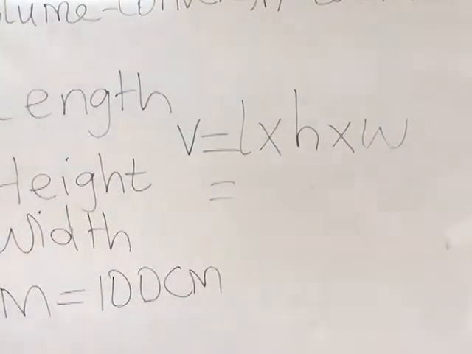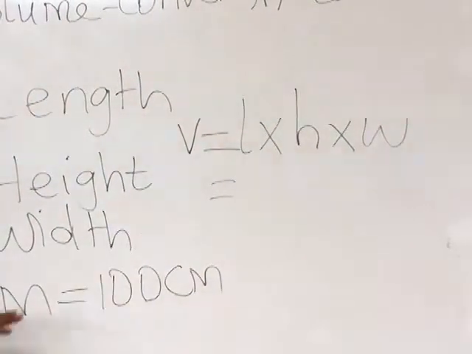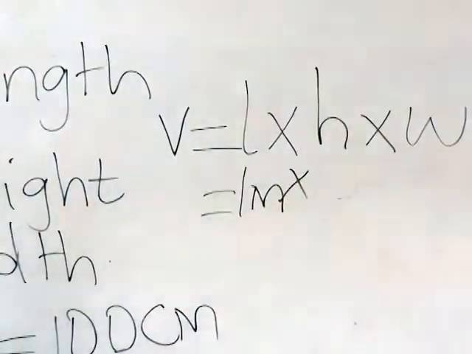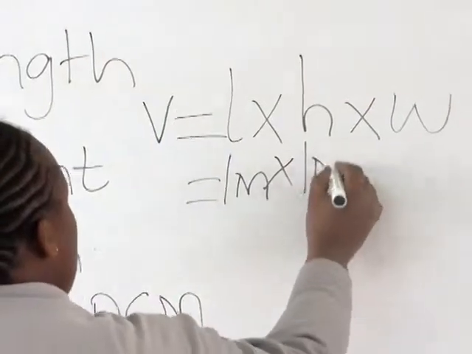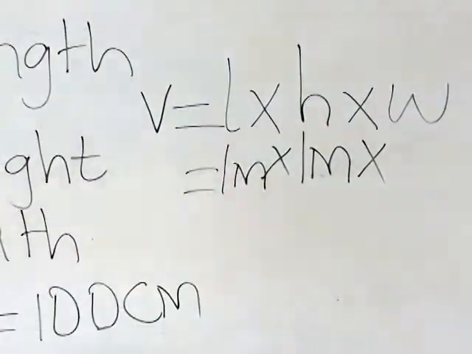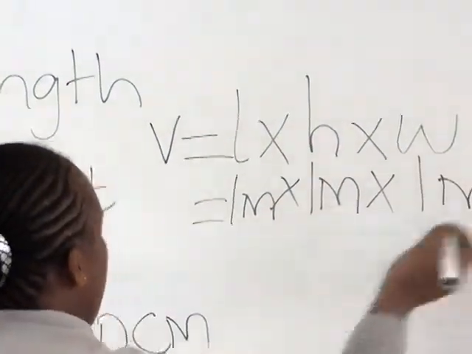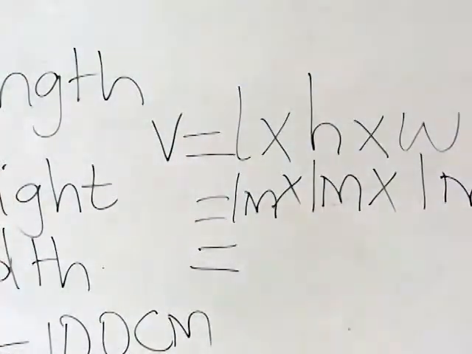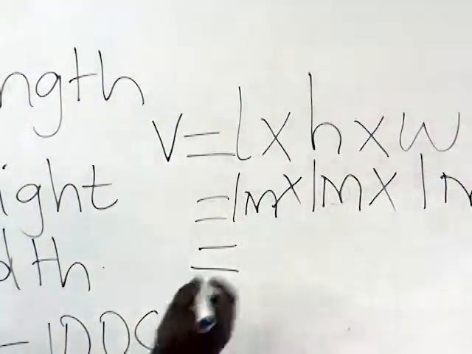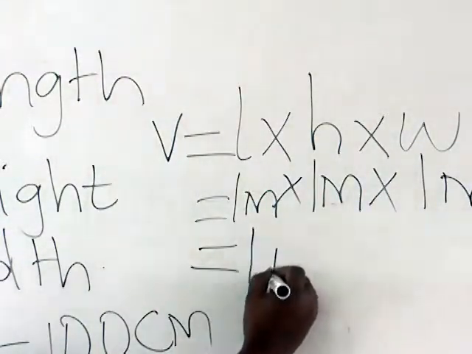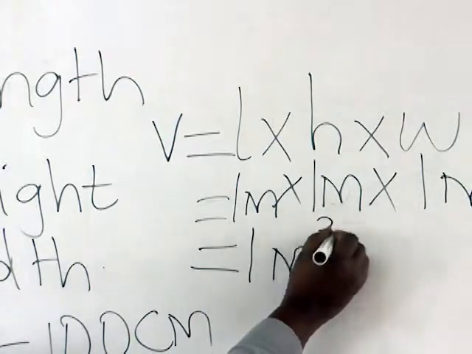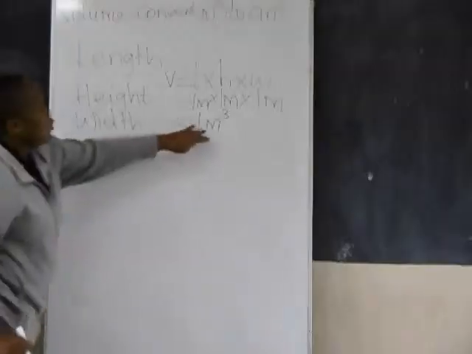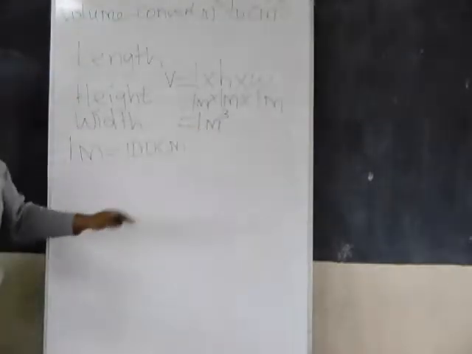In our case yesterday, our length is 1 meter, the height is 1 meter, and our width is also 1 meter, giving us 1 times 1 times 1, which is the same as 1. The unit is meter cube or cubic meters. So today we want to bring this into a reality.